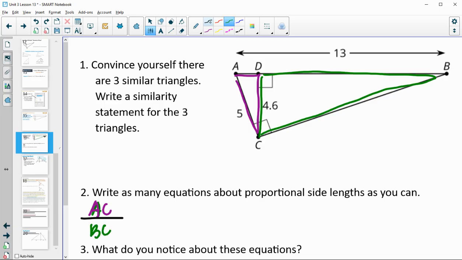So AC over BC. And then I could look at this little leg here. So the shorter leg AD would then compare to the shorter leg in the green triangle, which is DC. Okay, so there's a proportion we maybe could have set up.